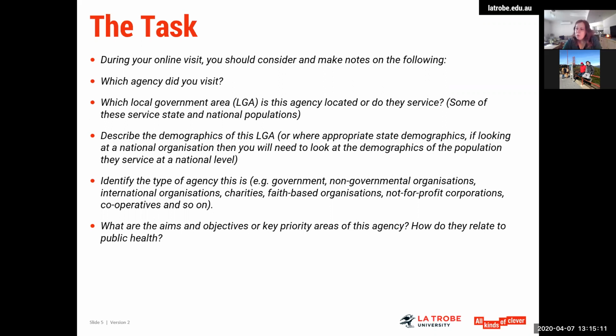And then you'll also look at what are the aims and objectives or the key priority areas for that particular organisation, and how do they relate to public health. So there's two things there to look at. One is the aims and objectives or priority areas, and the second aspect, which is really important, is how do they relate to public health.